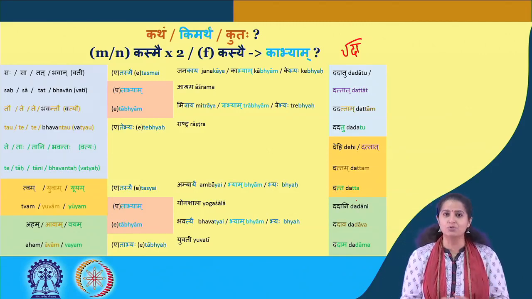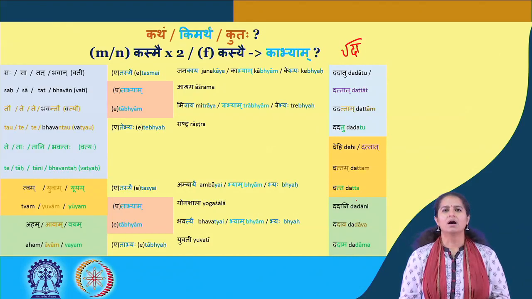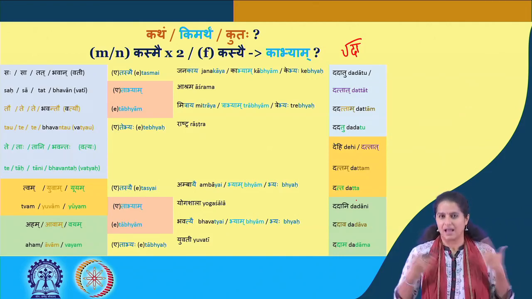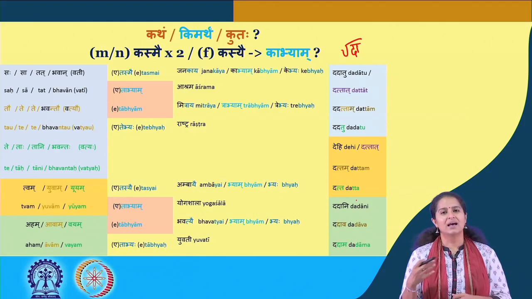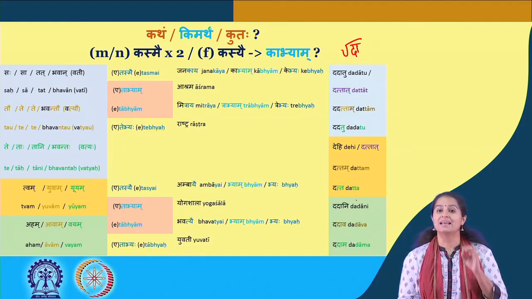So now I'd like you to try and make a sentence. So if you'd like to say that we all give, so it's an order. So we, as in we plural, let's give to the two yogashalas. So let us give to those two yogashalas.